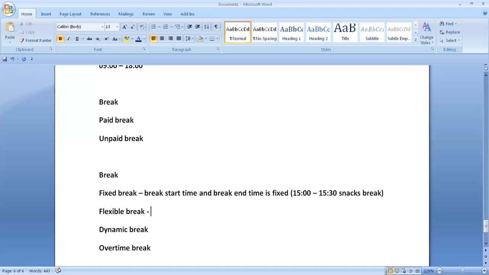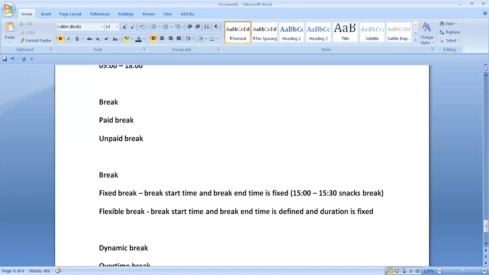Flexible break. Let's understand what a flexible break is. The break start time and break end time window is defined, and the duration is fixed.